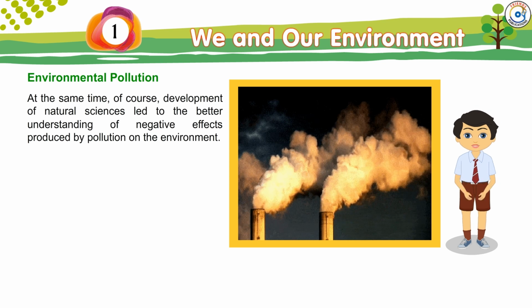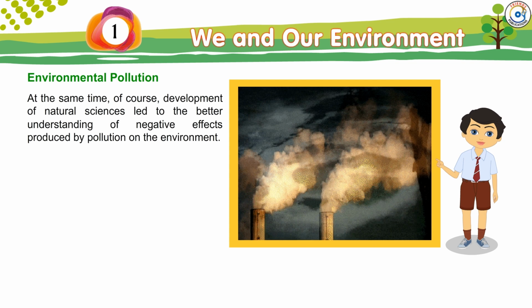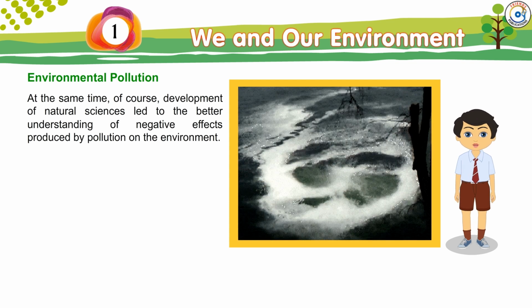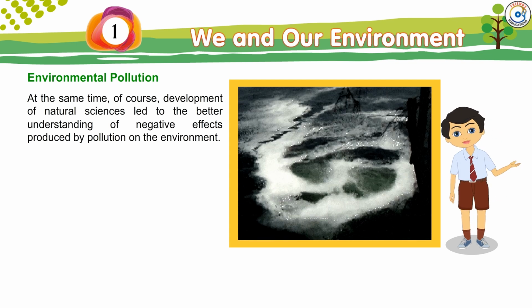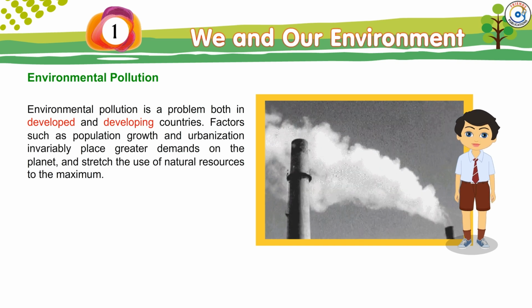At the same time, of course, development of natural sciences led to better understanding of negative effects produced by pollution on the environment. Environmental pollution is a problem both in developed and developing countries.